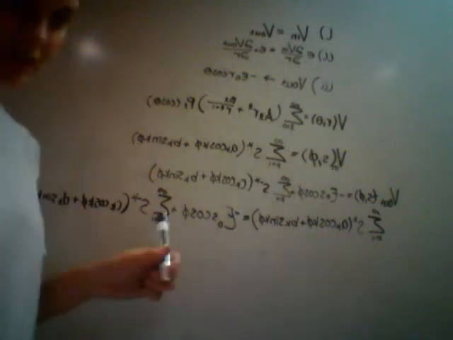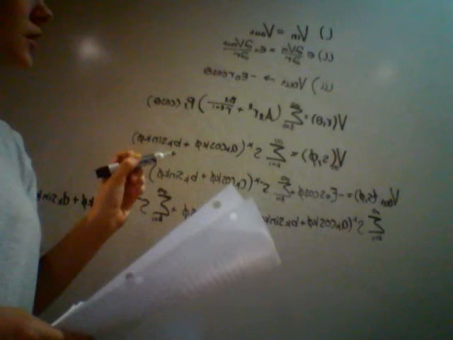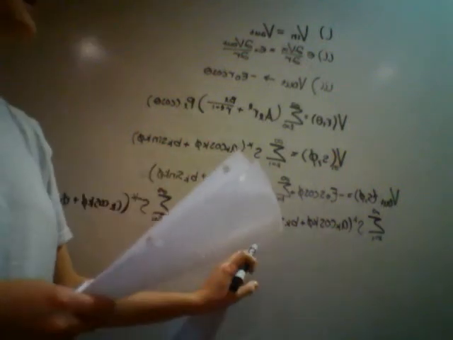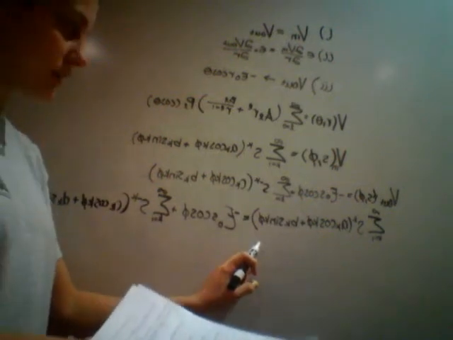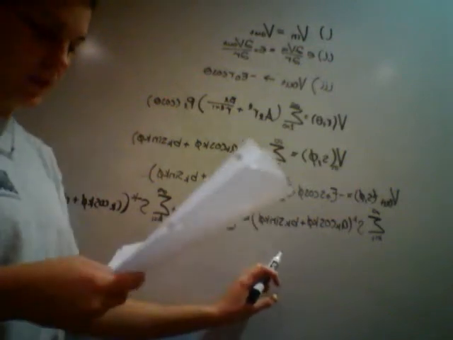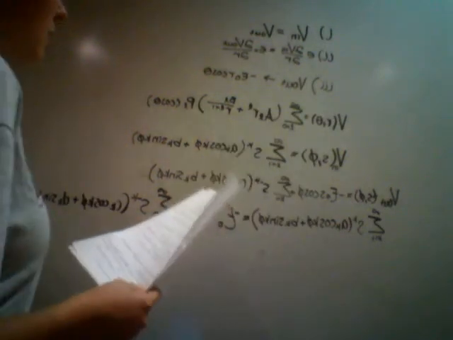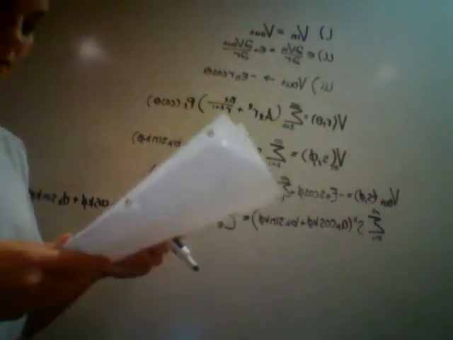If we go back to the second boundary condition, we need to take the partial of V in with respect to r, which in this case, since we converted to cylindrical coordinates, will be with respect to s, times epsilon. On the other side, we'll take the partial with respect to s and multiply by epsilon naught.